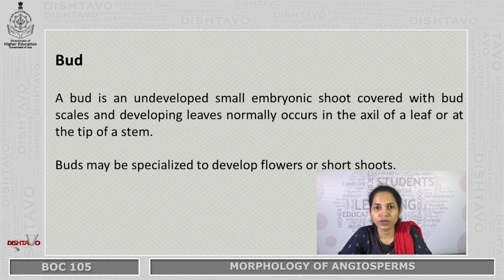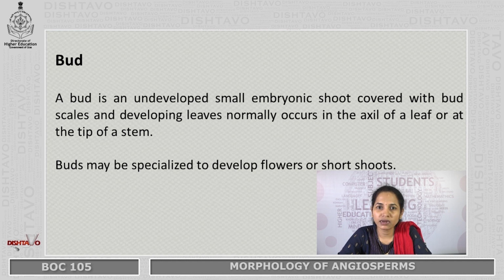To introduce this topic, a bud is an undeveloped small embryonic shoot covered with bud scales and developing leaves, normally occurring in the axil of the leaves or at the tip of the stem.